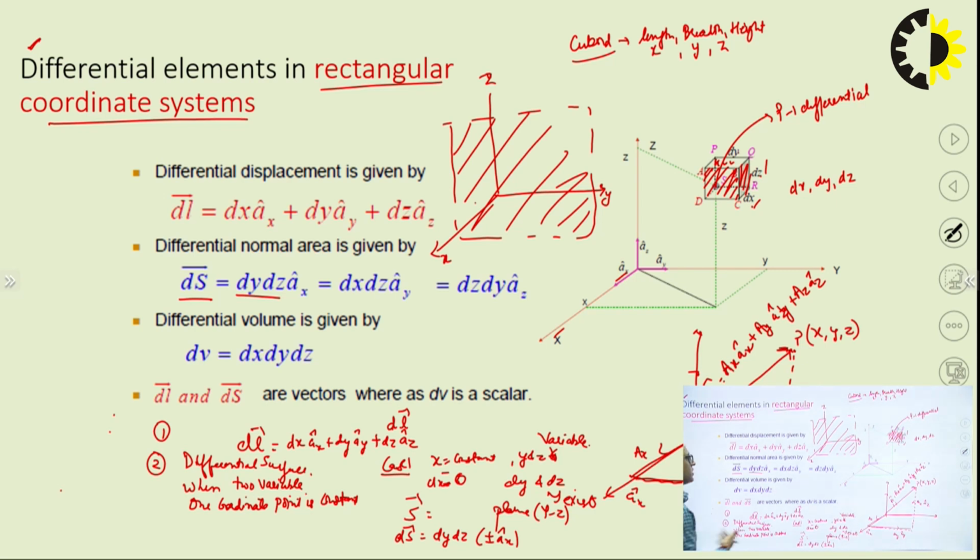Now for the second case, if y is constant, and x and z are the variables, then ds will be similarly equal to dx into dz into a cap y.